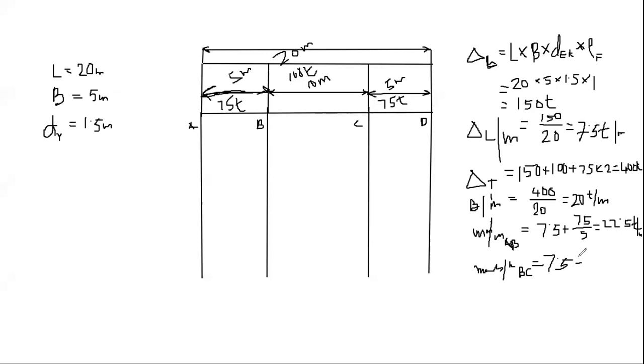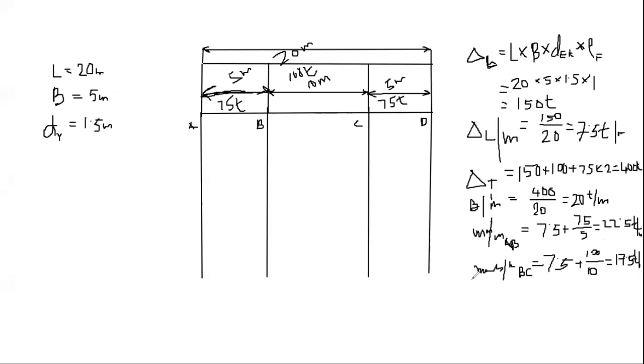That means plus 100 divided by the length, which is 10. So we'll get a value of 7.5 plus 10, 17.5. So this will be the distribution of mass per meter from B to C.